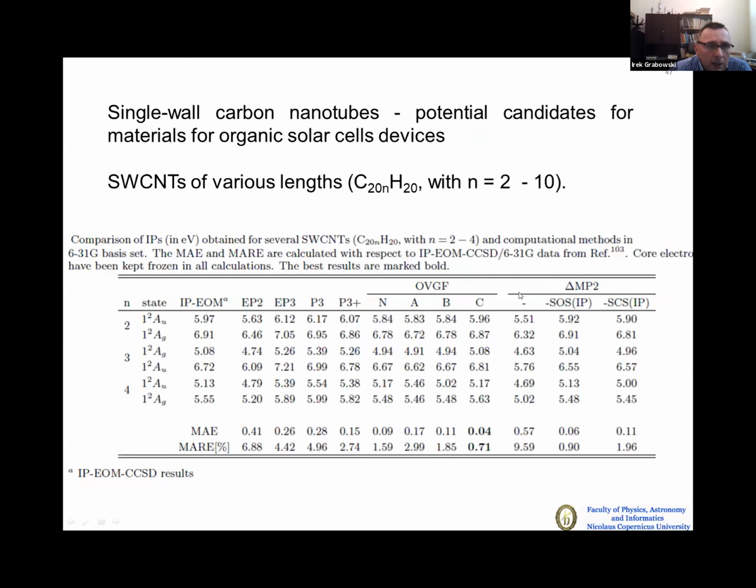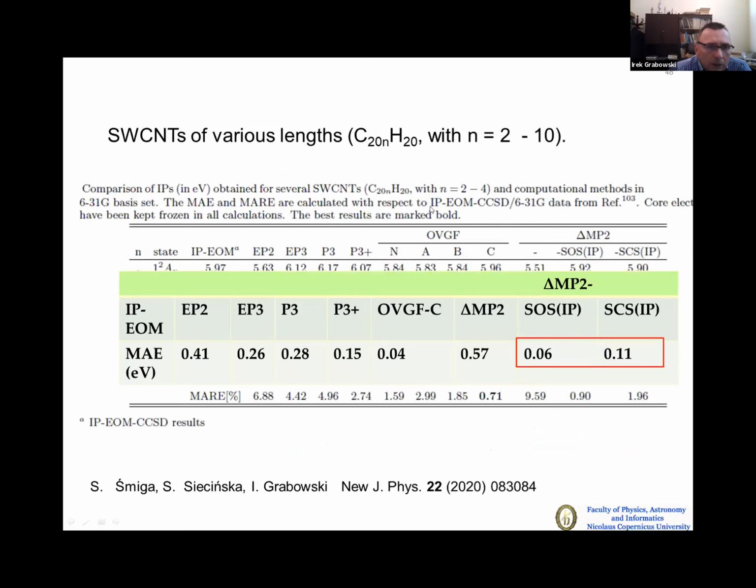our approach. The single last example is a calculation of IPs for single wall carbon nanotubes. This is C20H20, and here it can be 40 up to 200. So we did the calculations and compared the IPs.